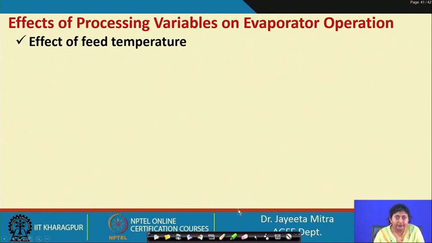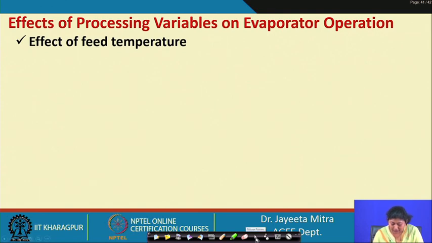Now, next we will see the effects of processing variables on evaporator operation. First is the effect of feed temperature. We generally try to increase the efficiency of an evaporator. If the feed temperature is well below the operating temperature of the evaporator, we need to heat the feed to the boiling temperature, so we need more heat and more heat transfer area is required.